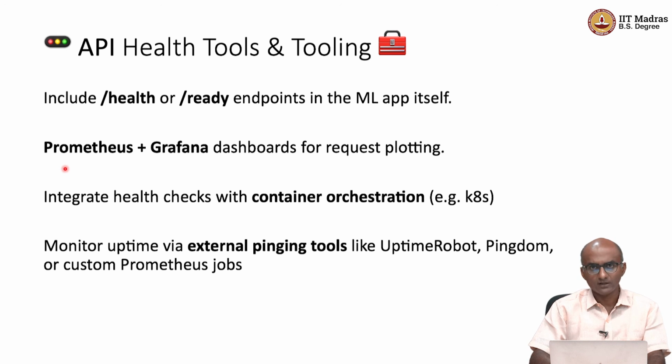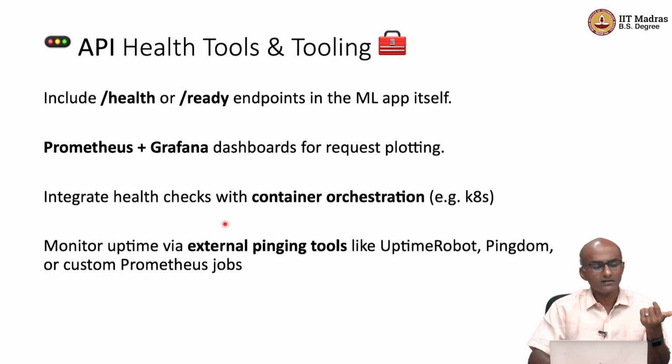Then Prometheus and Grafana, we spoke about them before. If you use them in conjunction for API health, it's very powerful, especially Grafana dashboards. Then if you integrate health checks with the container layer, in this case Kubernetes on managed Google Cloud instances, it makes it very easy for you to have an integrated view of what happens for an API, including at the pod level, at the container level, at the node level, and of course at the API level itself.